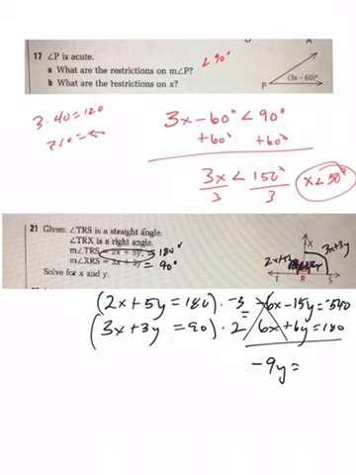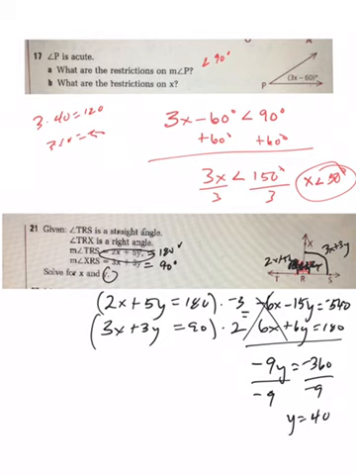I'm going to think of the 180 as a 200, so -540 plus 200 would give me -340, and then I'll put the 20 back to get -360. Divide by -9. Two negatives make a positive, and 36 divided by 9 is 4, so y is 40.